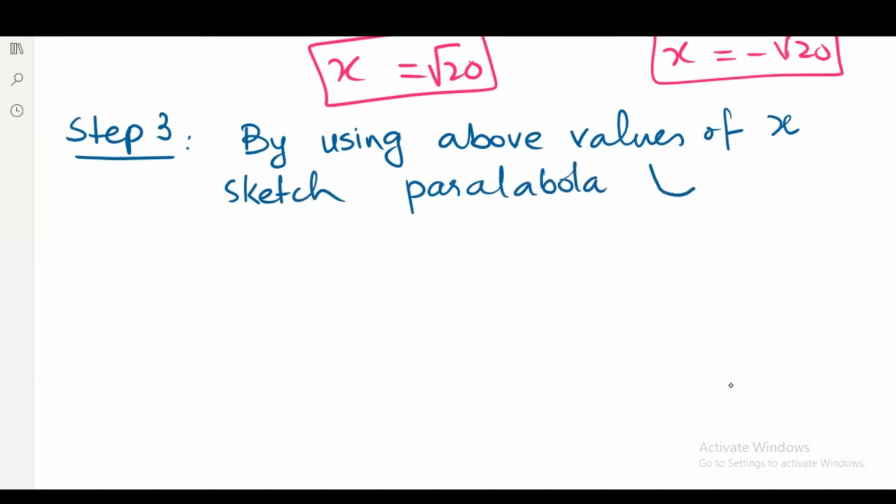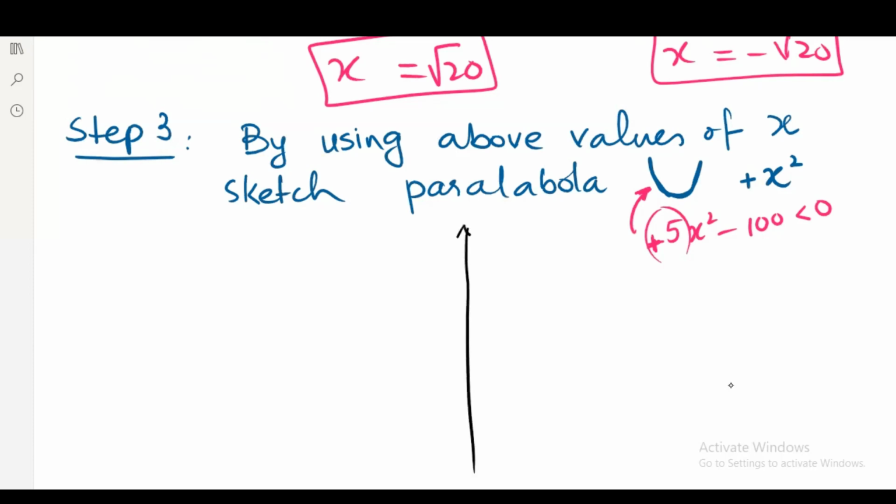This type of parabola will be sketched because the coefficient of x squared is positive here. The original inequality was 5x squared minus 100 lesser than equal to 0, and this is a positive sign here. For a positive coefficient, this type of parabola will be sketched. So with the help of these values, we have to sketch the parabola.